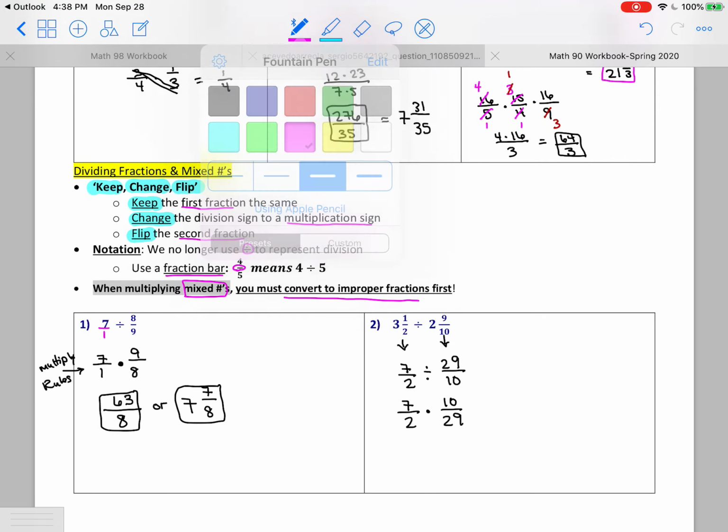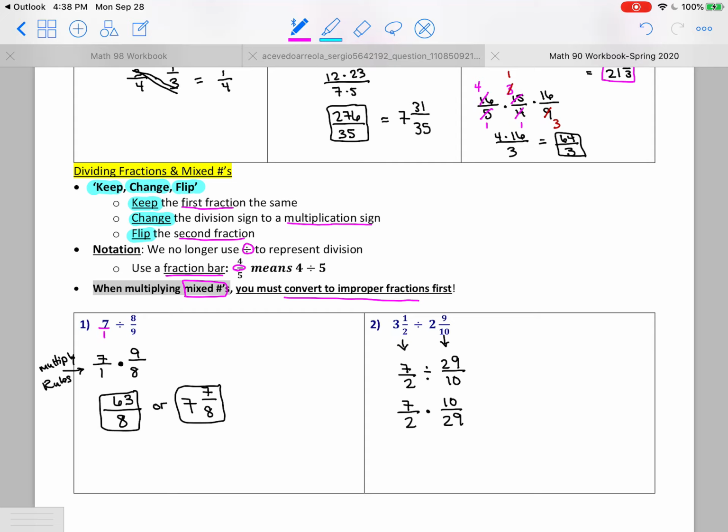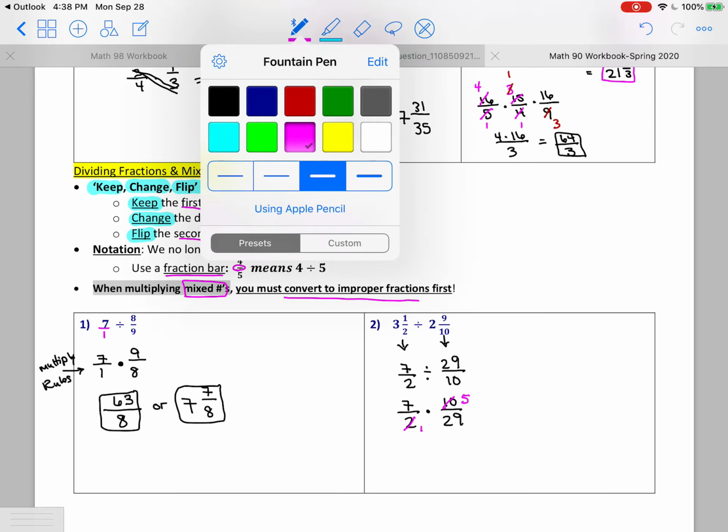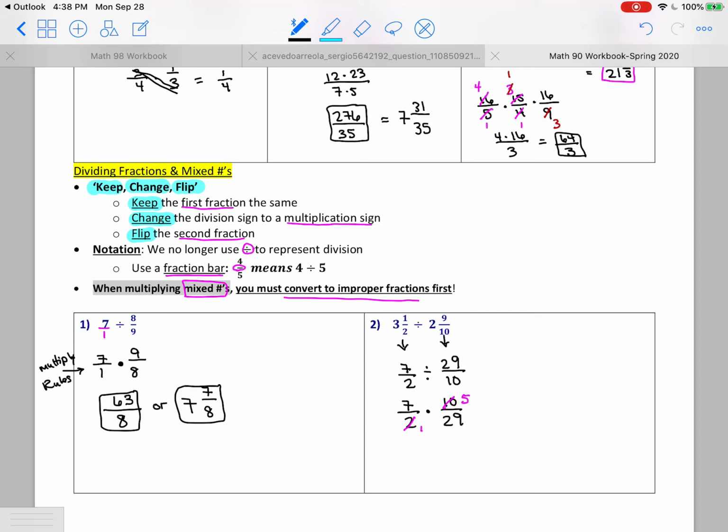All right, and I'm going to look for common factors here because these numbers are getting a little bit bigger. There's no common factors between 7 and 29, but I can definitely see that 2 will go into 10 5 times. So that's an easy reduction there. So this is going to give me 35/29.